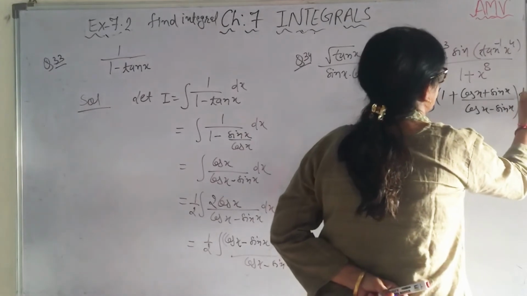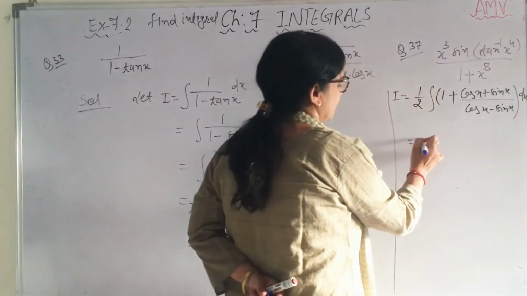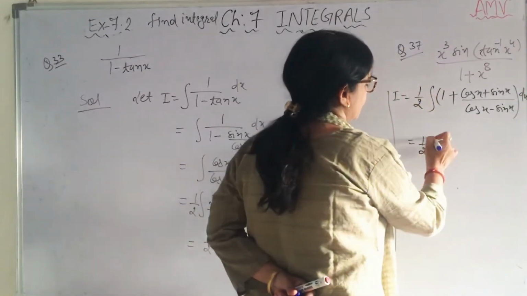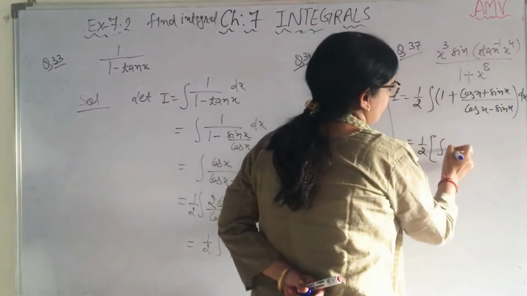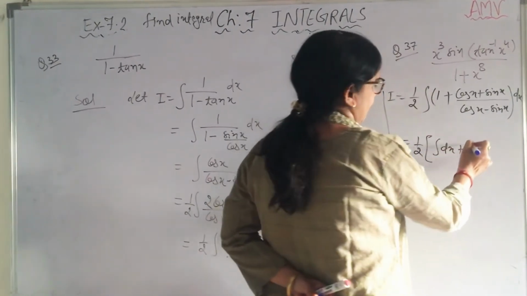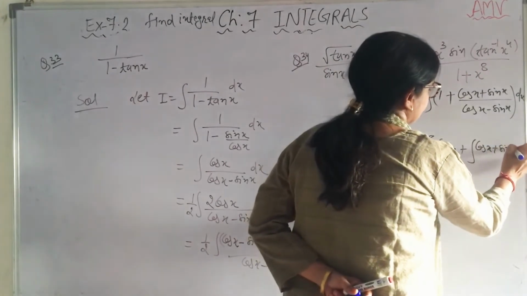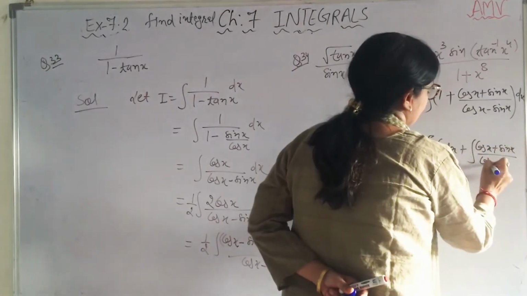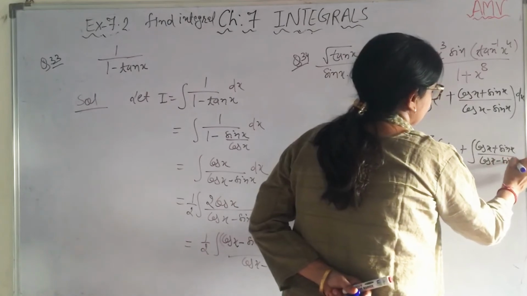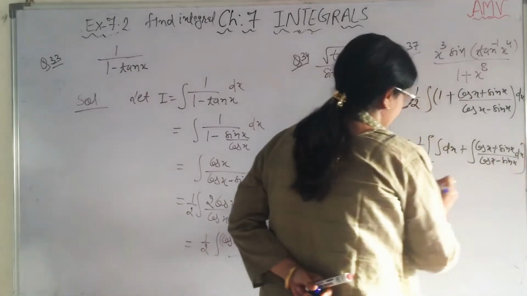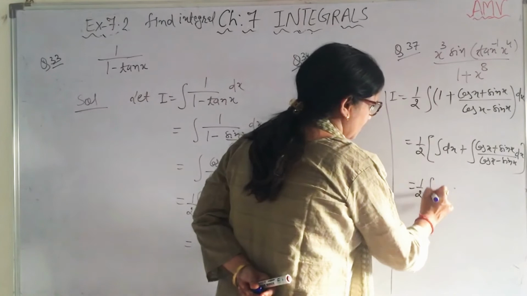Okay, and dx write as it is. Now 1 by 2, integration of dx plus integration of cos x plus sin x by cos x minus sin x dx.